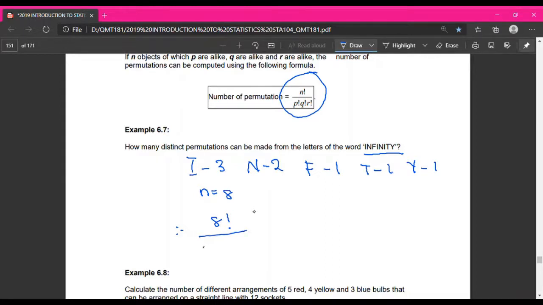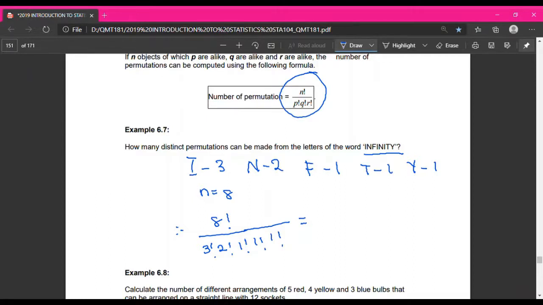Ada 3. Yang sama ada 3. So, 3 factorial multiply 2 factorial untuk N, 1 factorial untuk F, 1 factorial untuk T dan 1 factorial untuk Y. But usually kalau yang satu-satu ni tak letak pun tak apa. Just ambil yang 3 dan 2 factorial.